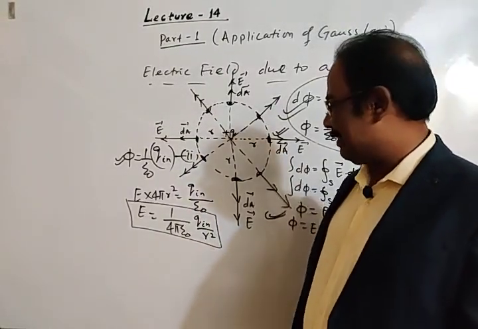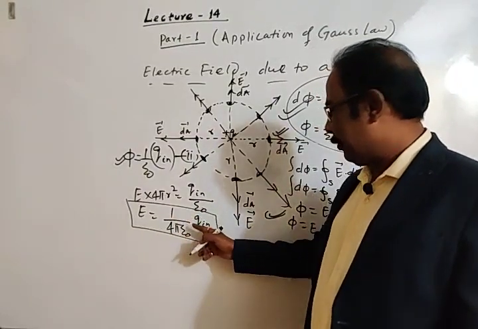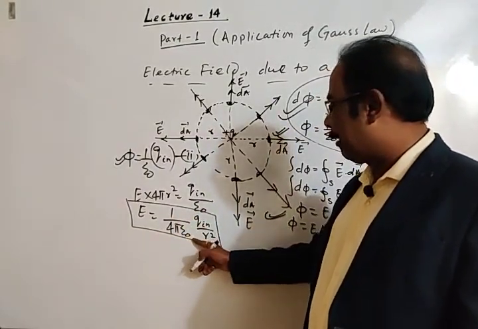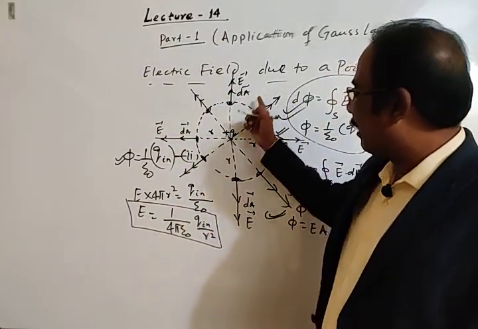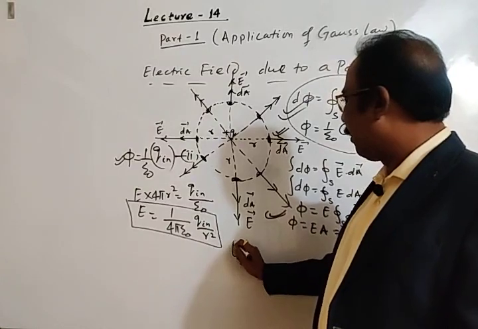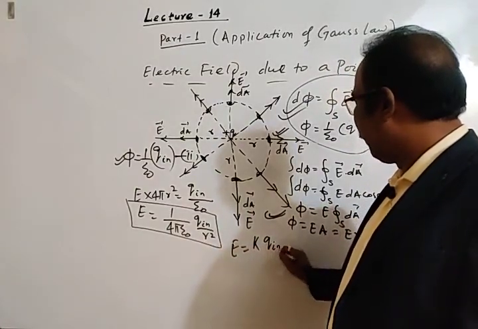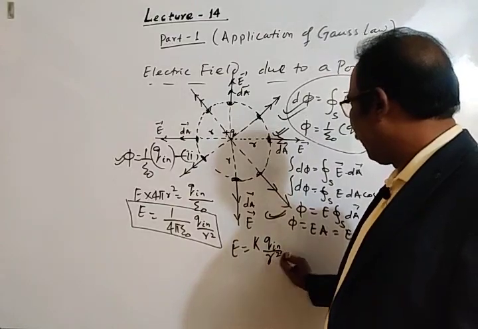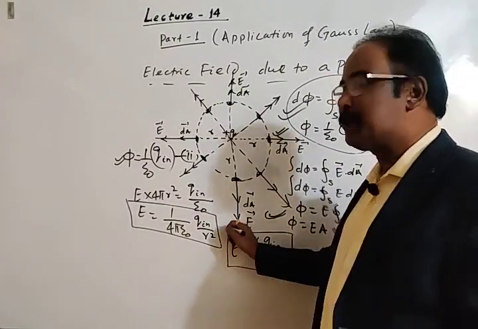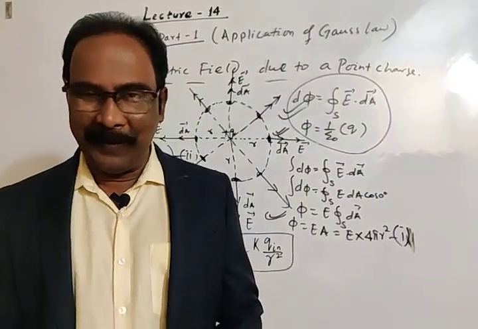We have discussed this on the basis of Coulomb's law. Electric field is 1 by 4 pi epsilon naught, outside is air or vacuum, q inside the Gaussian surface divided by the square of distance, or you may write k q divided by r square. The same result as we have got by using Coulomb's law.